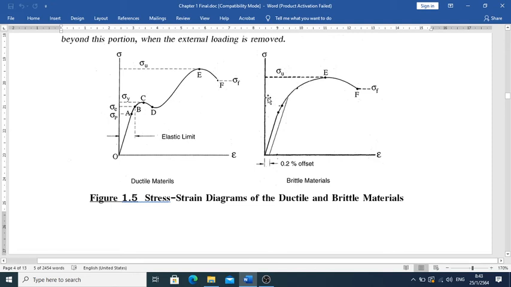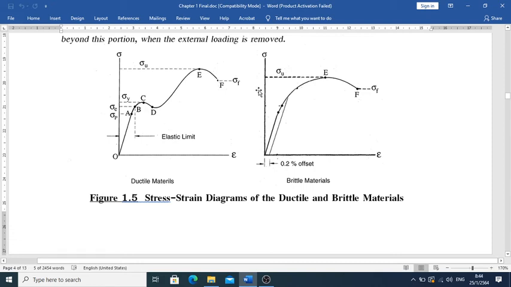Then we make a projection back here, and sigma 0.2 is the estimate of sigma y. Sometimes we just take sigma 0.2 as the estimation of sigma y.